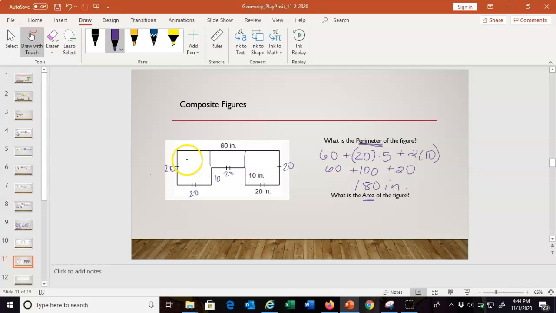All right, so let's find the area of each piece of this composite figure. So remember, area of a rectangle or a square is length times width. So we could find the area of this first square here. 20 times 20 would be the area of that. So that's 400. And then this one is also 20 by 20.